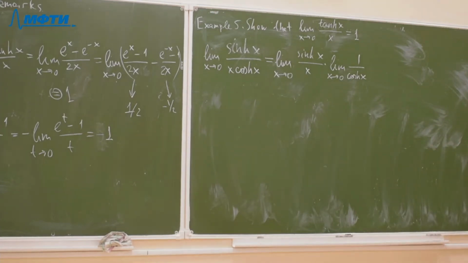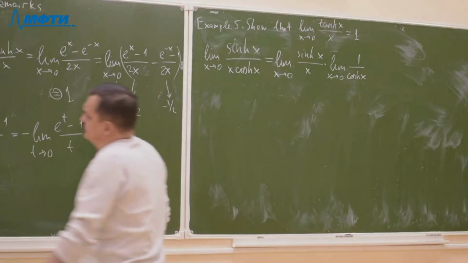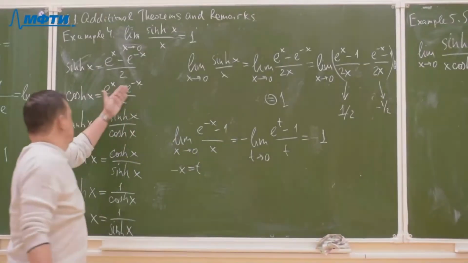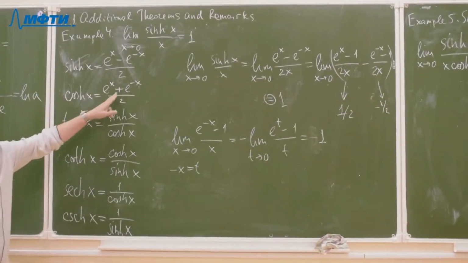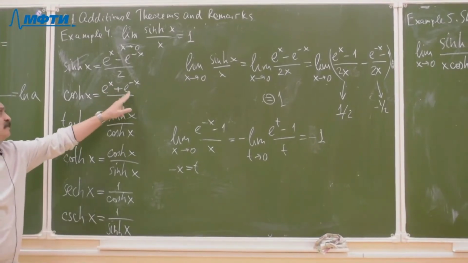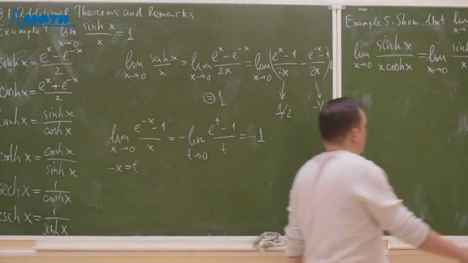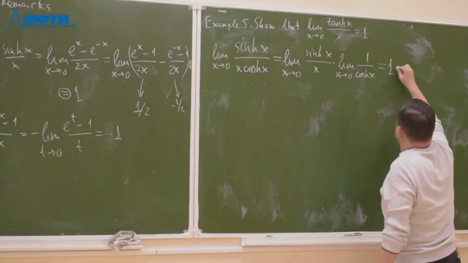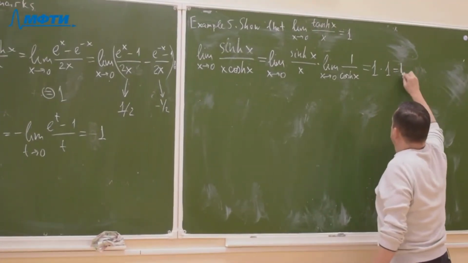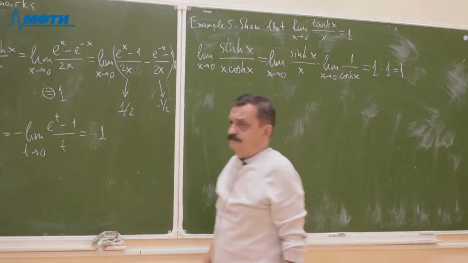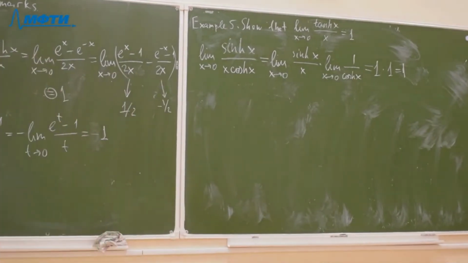Because of continuity of the exponent, cosine hyperbolic is also continuous, and cosine hyperbolic of 0 is 1. So both limits are equal to 1. That is the solution.